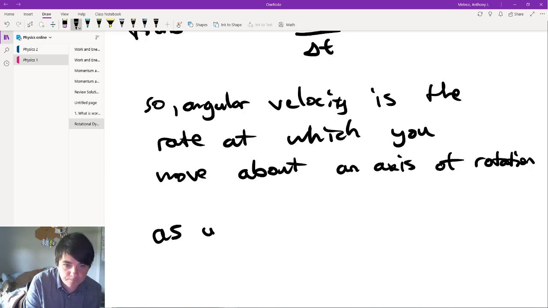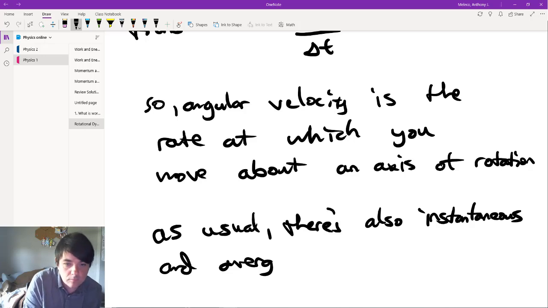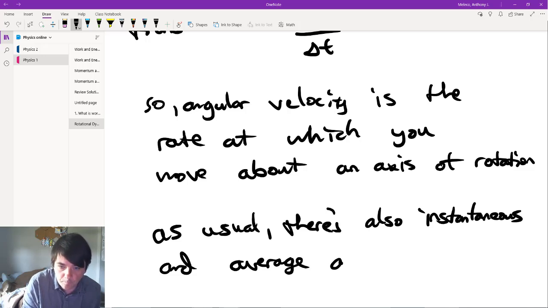As usual, there's also instantaneous and average angular velocity.